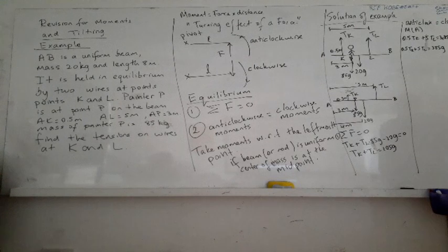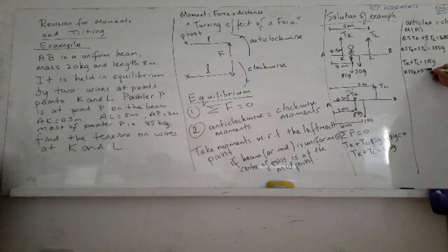So we have two equations here. Tk plus Tl is equal to 105 G, 0.5 Tk plus 5 Tl is equal to 335 G. So let's solve these two simultaneous equations to find the value for Tk and Tl.